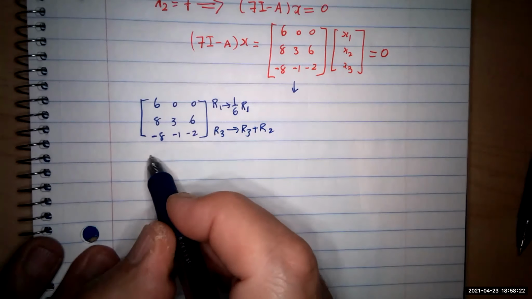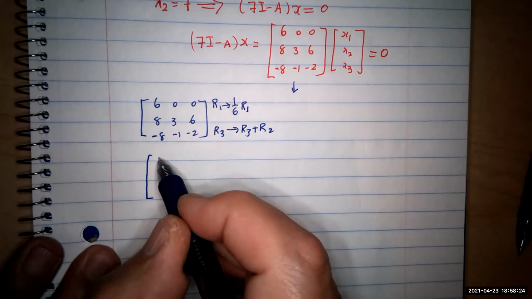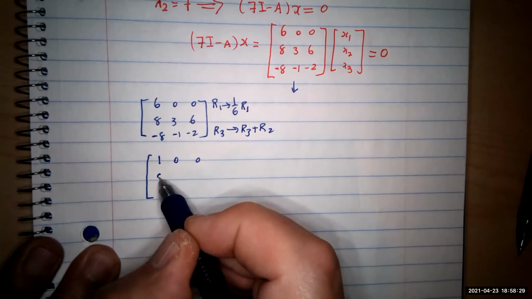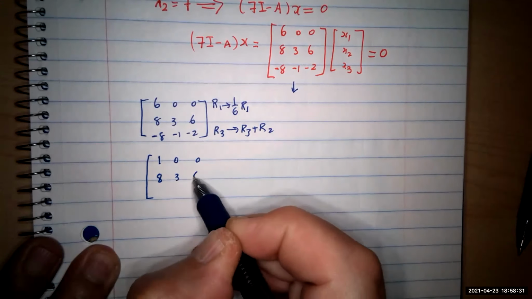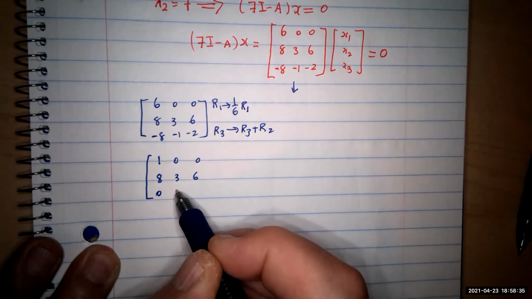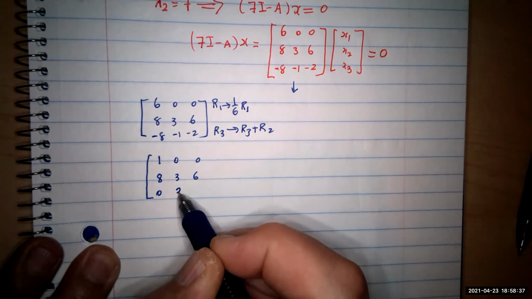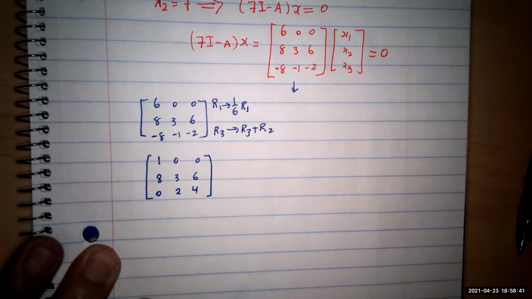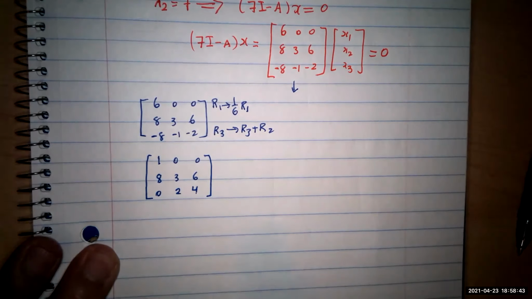Okay, so what's going to be the leftover? I'm going to have 1, 0, 0. This is going to be 8, 3, 6. And this is 0, 2, 4 so far. Okay, so I got the 1 here that I want.